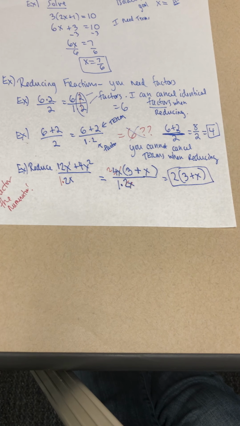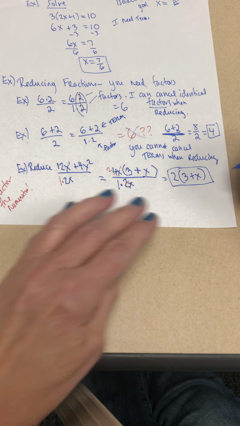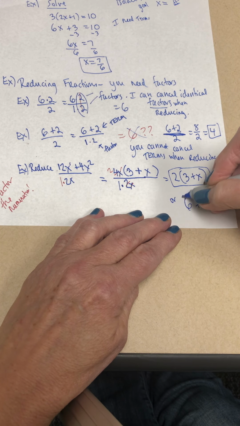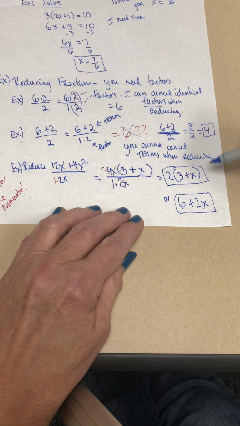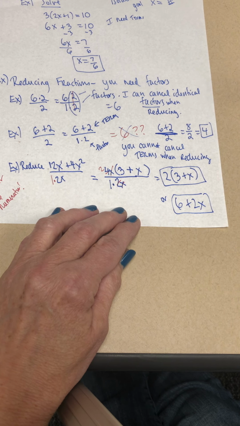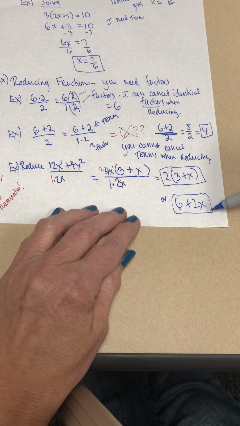That's what we'll do in the class. Or you could distribute it if you needed terms for your next step. So whether you leave this answer in factored form or you multiply it out and expand it and get terms, that depends on what you would do with it next. If this was the end of the problem, you're not doing anything, either form is good.